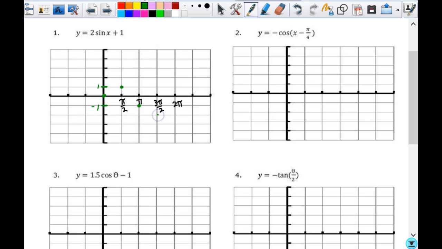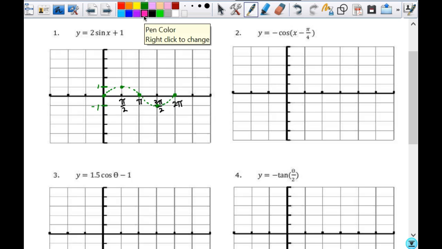That's not 0. Oh, I skipped 0, that's why. I said it and I don't think I did it. I hit it in the wrong place. There you go, that makes way more sense. I'm like, why is my graph not working out? There we go. So 0, 1, 0, -1, 0. And then I'm just going to put this little dotted thing in there like that. Okay, there's my parent function.